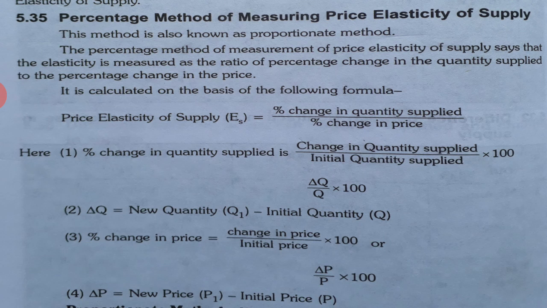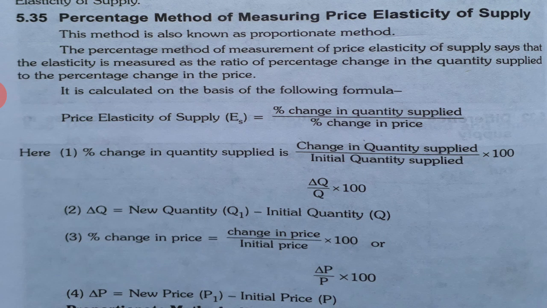So how to find out percentage change in quantity supplied, for which we apply a formula delta Q upon Q multiply 100. And to find out delta Q, the commodity supplied at present, from this we subtract the commodity supplied earlier.